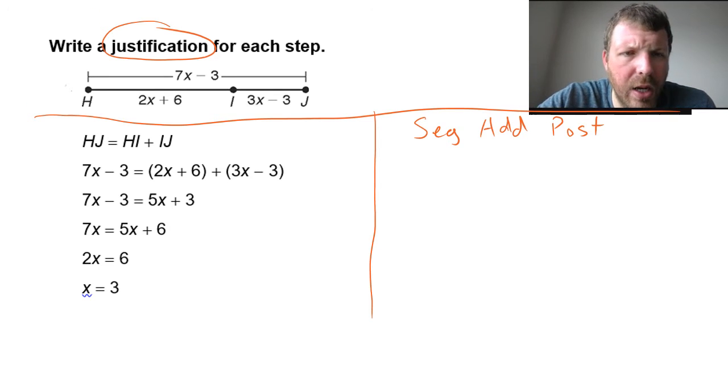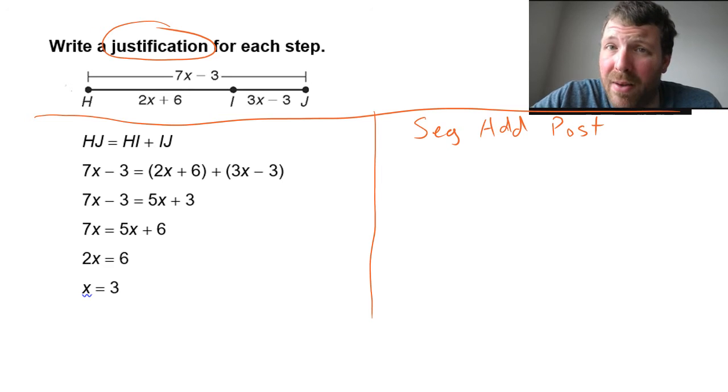All right, so how did we get from this statement to this statement? Well, I replaced HJ with 7x minus 3. I replaced HI with 2x plus 6. I replaced IJ with 3x minus 3.